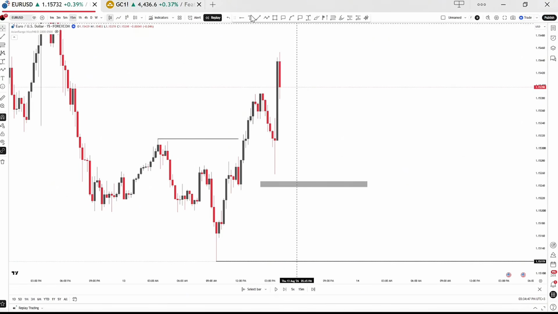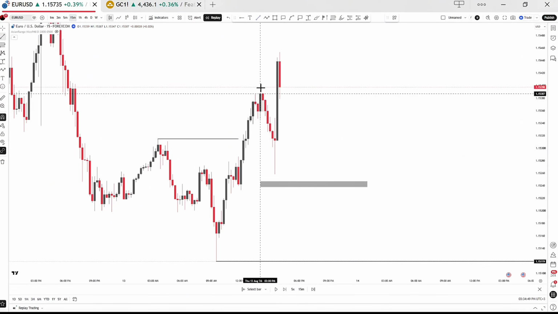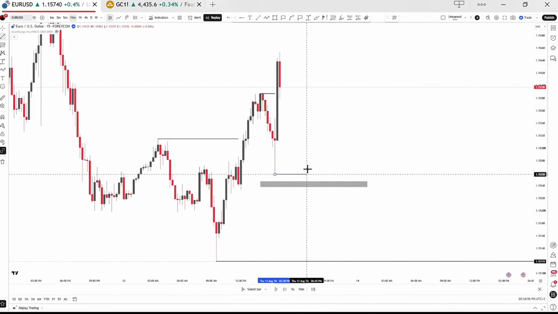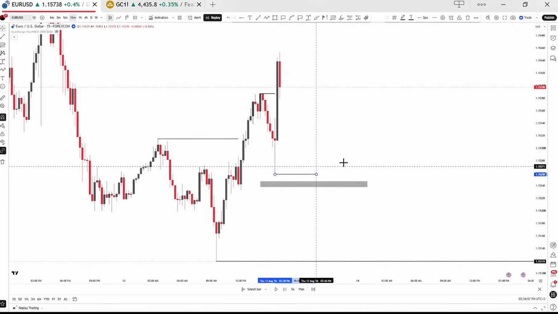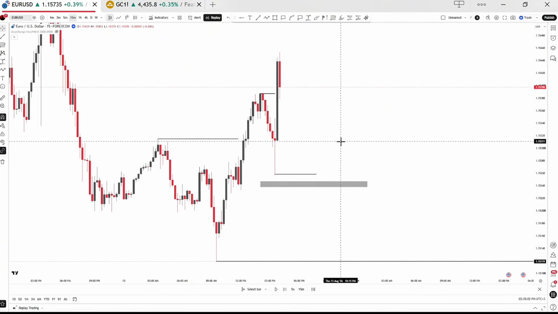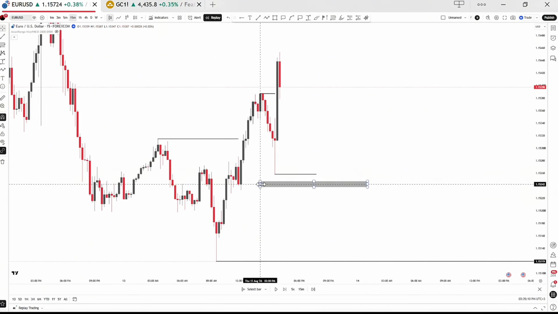Now, someone might see this because there is another break of structure, and they might think that price has left them. This could be an inducement in most cases, because we all know a zone or a level or a price action leg that is created by the news is later swept for price to continue to the real direction that was intended.